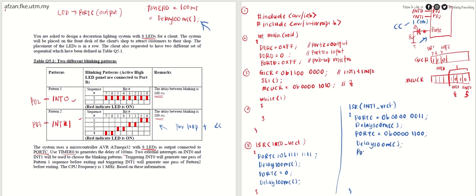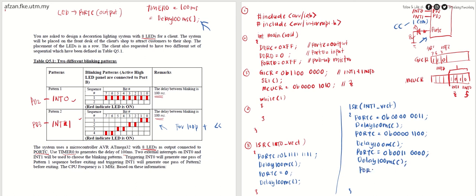Then the third sequence: this one is off, then turn on, and the rest are off. Call a delay. And last but not least, sequence 4.